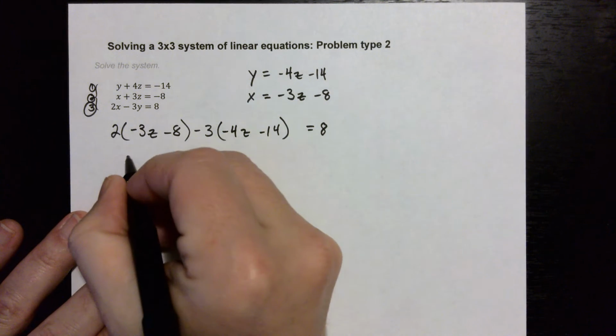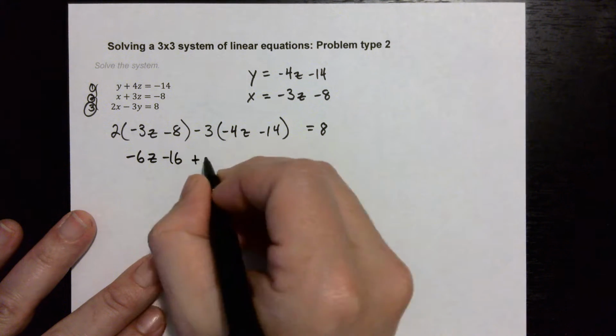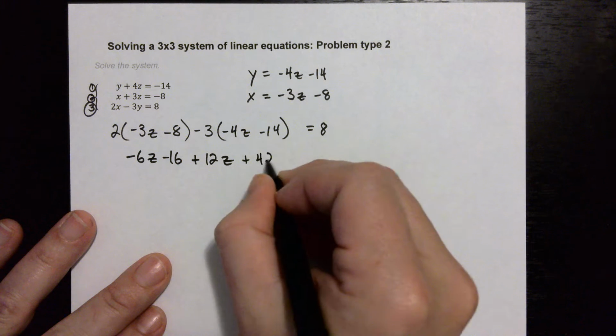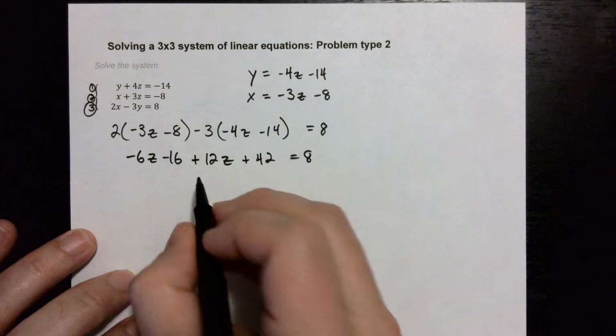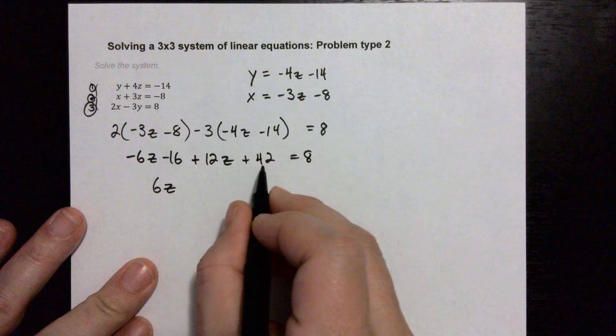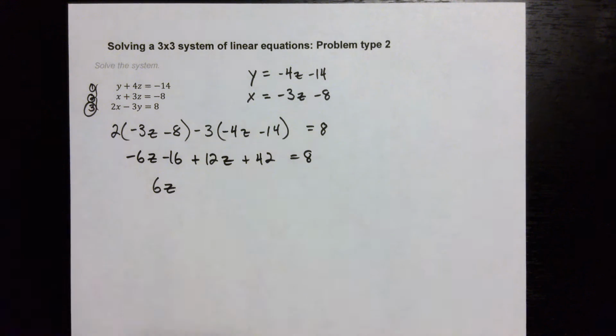Let's distribute. So negative 6z minus 16 plus 12z plus 42 equals 8. Okay, so 12z minus 6z is 6z. 42 minus 16 is, let's see, 28. No, 26.